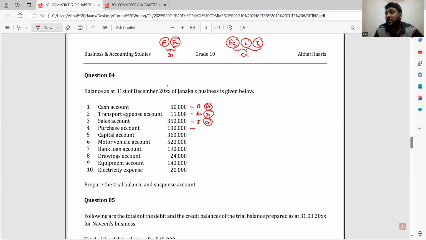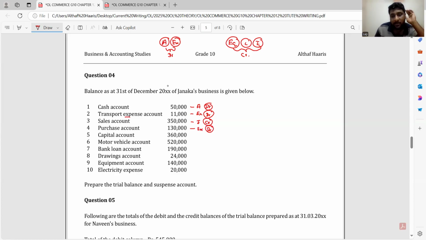Purchase is what account for the business? Purchase. It's an expense for the business. I told you in the double entry system, purchase of the stock is an expense.